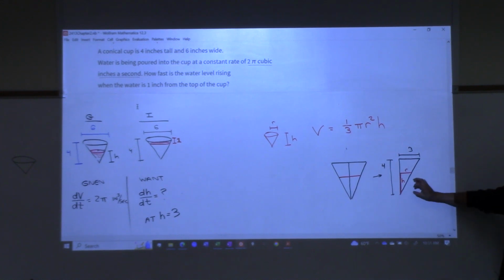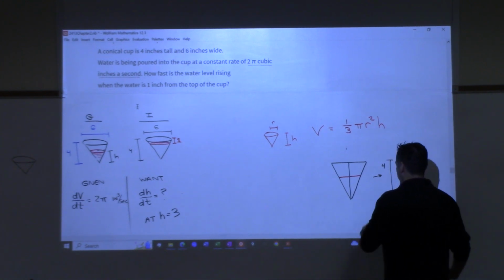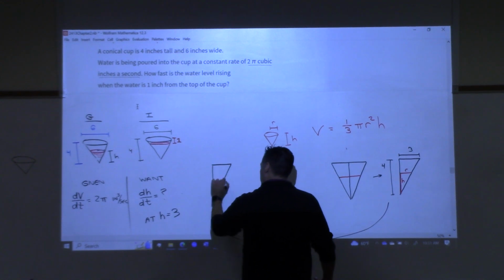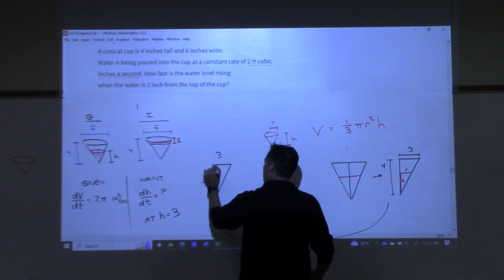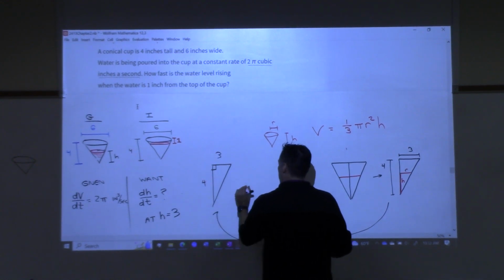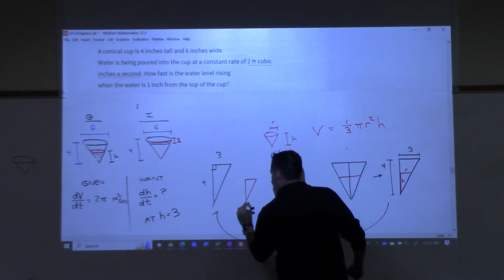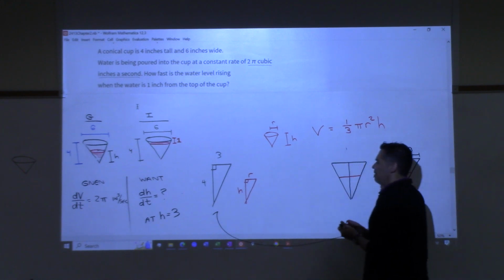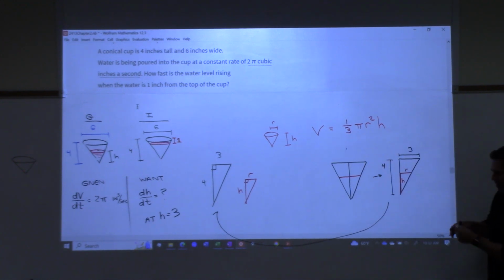Do y'all see the red triangle and the black triangle? Red and black. Let me draw them side by side. Here's the black one. 4 and 3, right angle. Here's the red one. H and R. Right? They both have the same 90-degree angle here.